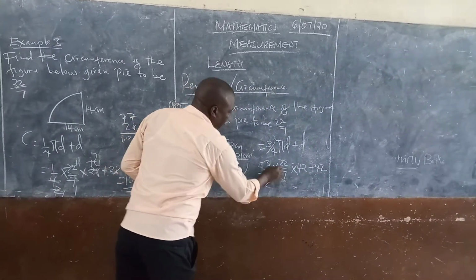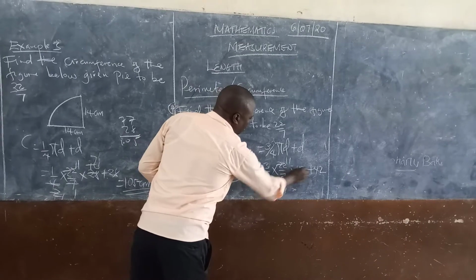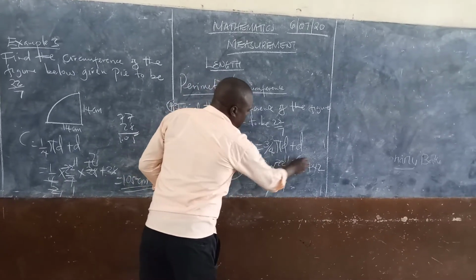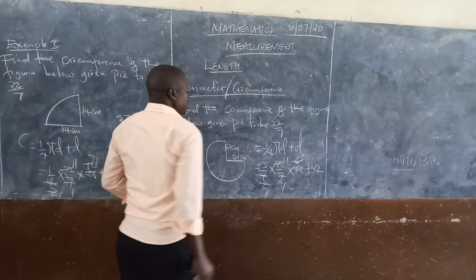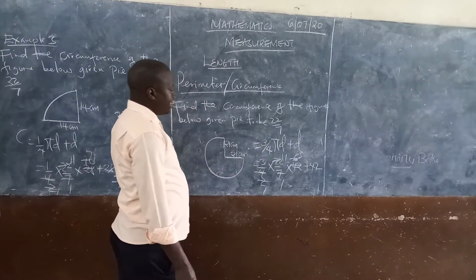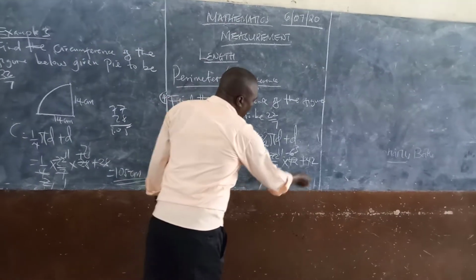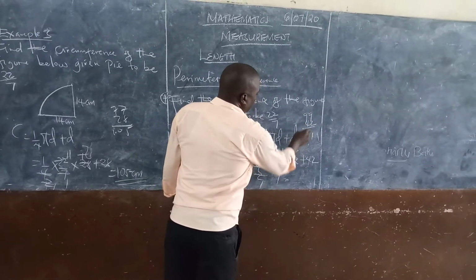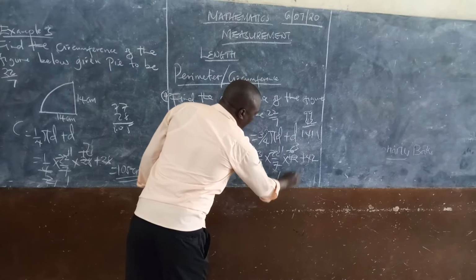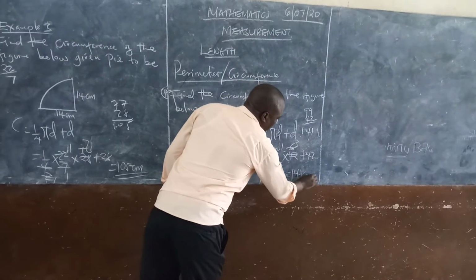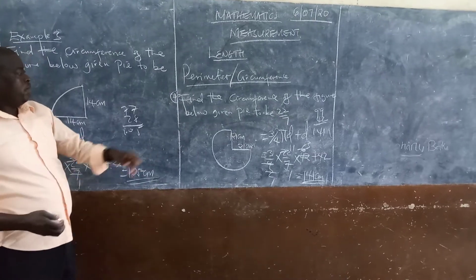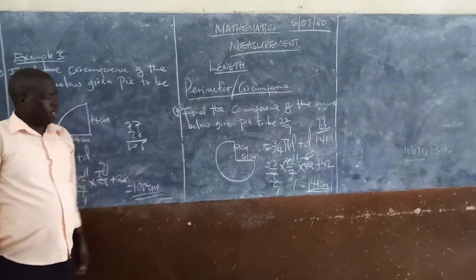So 2, 2, 2, 11, 7, 1, 7, 6, 2, 1, 2, 3. 33 times 3 is 99. 99 plus 42 is 141 centimeter, and that is the circumference, or the perimeter around this figure.